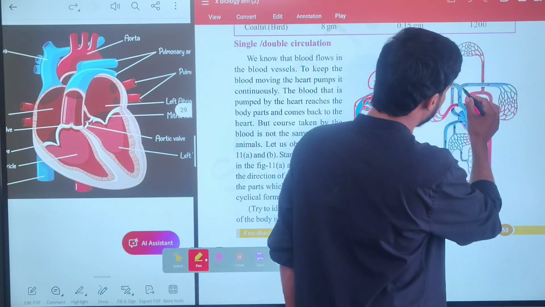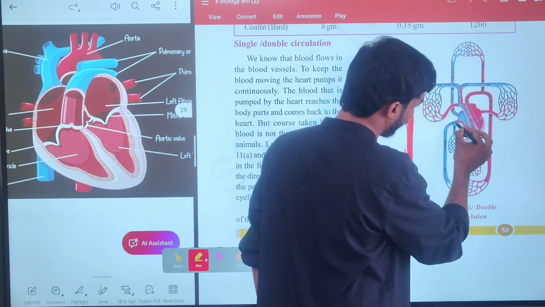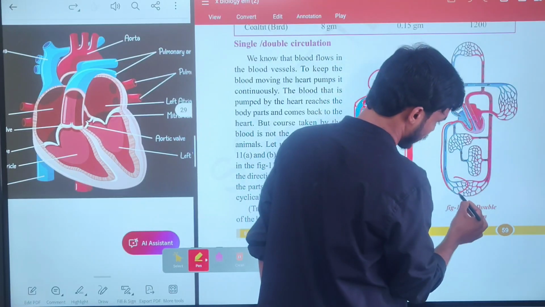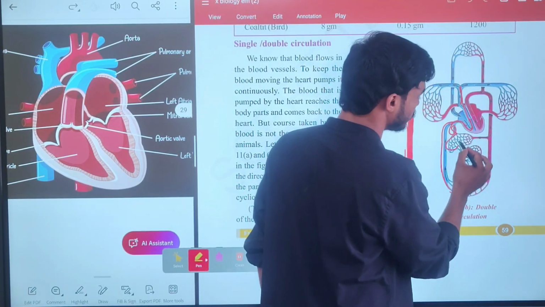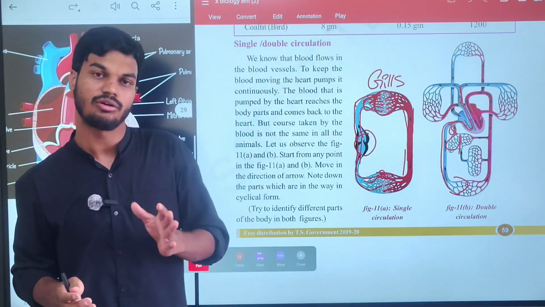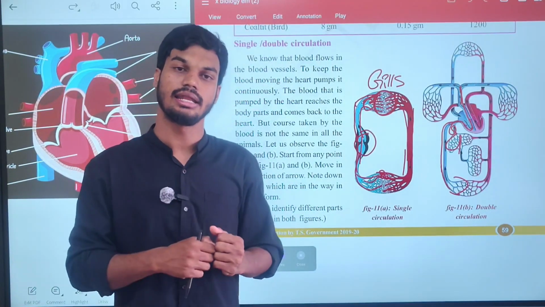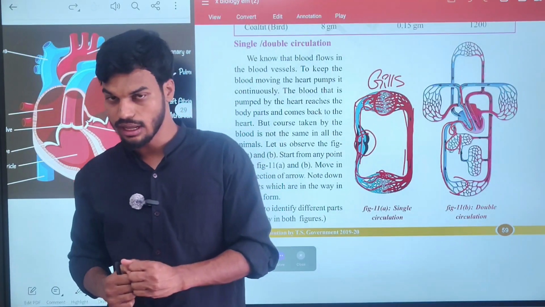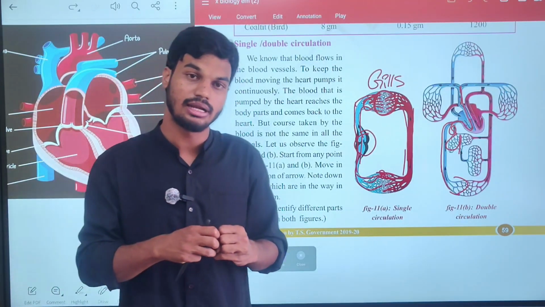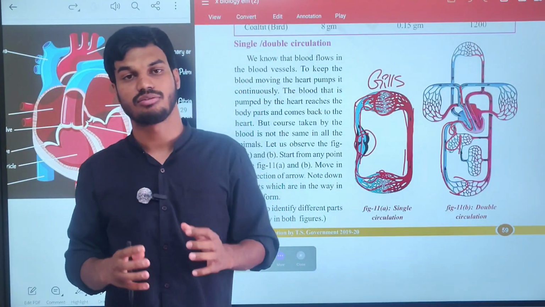Look at this image here. Whatever the green or blue like structure connecting, it is known as deoxygenated blood. Clear? We know that the deoxygenated blood firstly enters into the right atrium and right ventricle, right? After entering, what happens? The deoxygenated blood will enter the lungs from the heart.